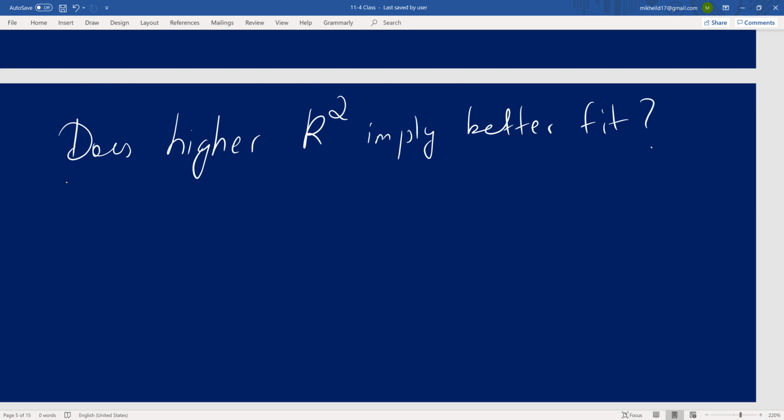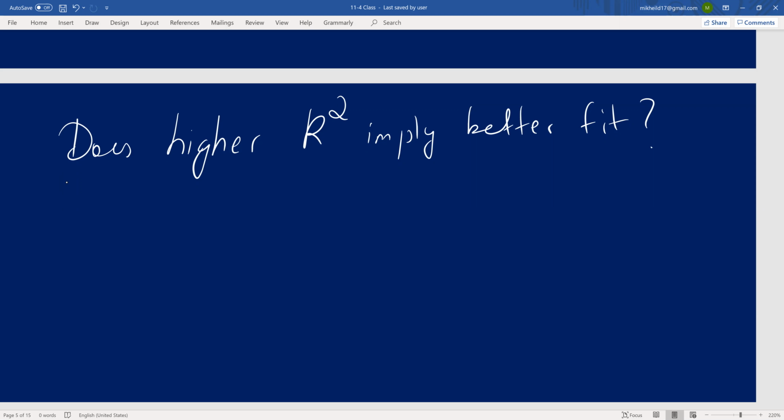Can you tell me what I mean by better fit? If the correlation is high. Now, can you tell me the intuition of this? If the points are closer to the population line. Okay, that's close.